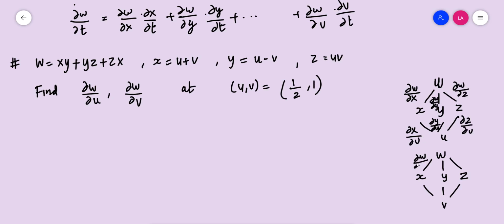And these are dou w by dou x, dou x by dou v, dou w by dou y, dou y by dou v, dou w by dou z, dou z by dou v. So for each of these, take the product in between and the sum.